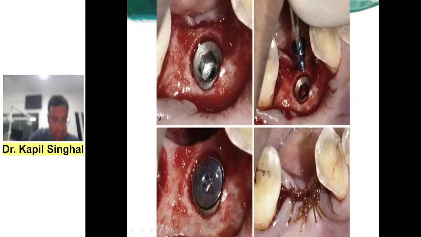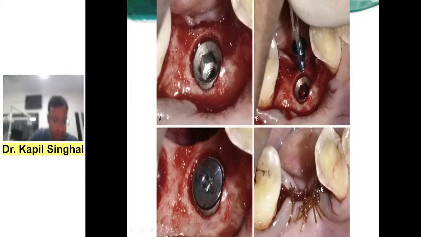Once this cover screw is placed, you will suture the tissue over it so that food particles and saliva would not impact it. Okay, so it means you have sutured it. Now what will happen? After 7 days you will cut the sutures and your site will be completely healed.